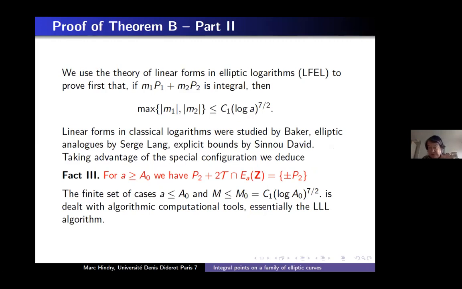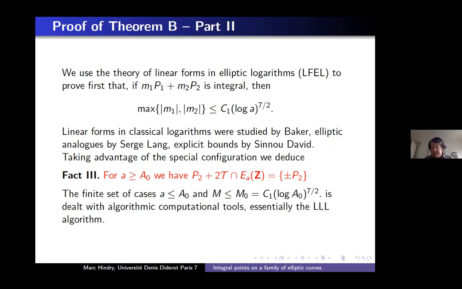That's a lot more important, a lot more analysis. And what we managed to prove for that is that for A large enough, the only points are the points we expect. And we then need to do a lot of computer computations to treat the remaining cases.